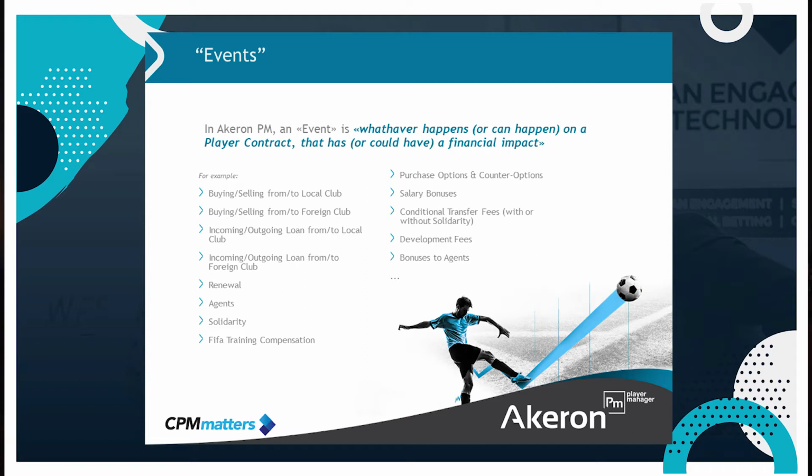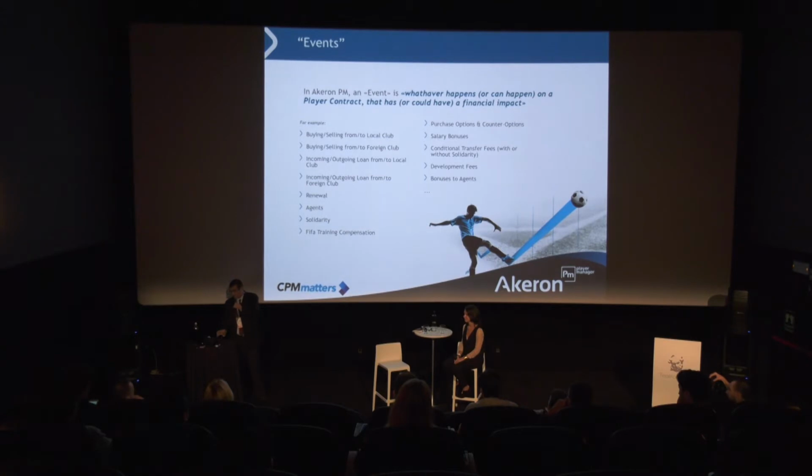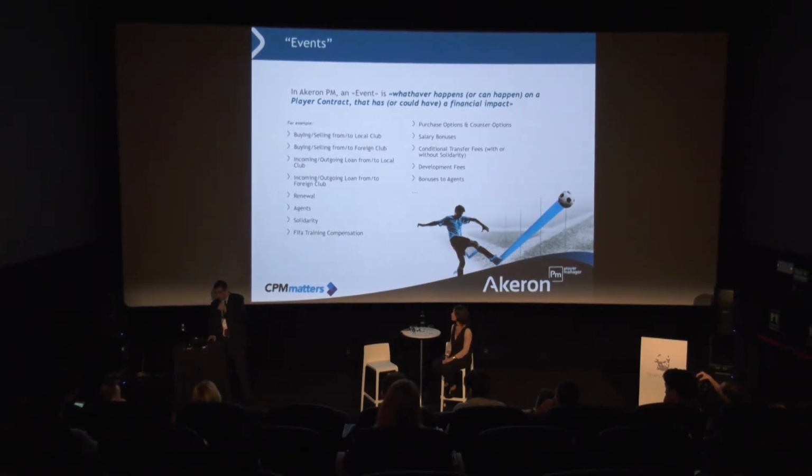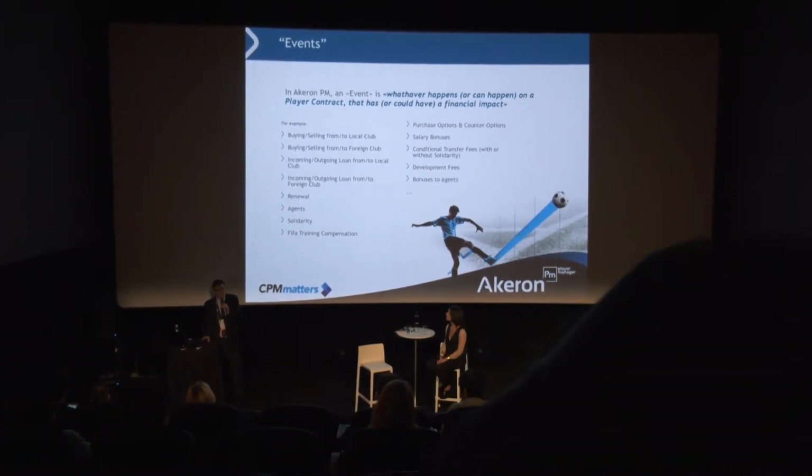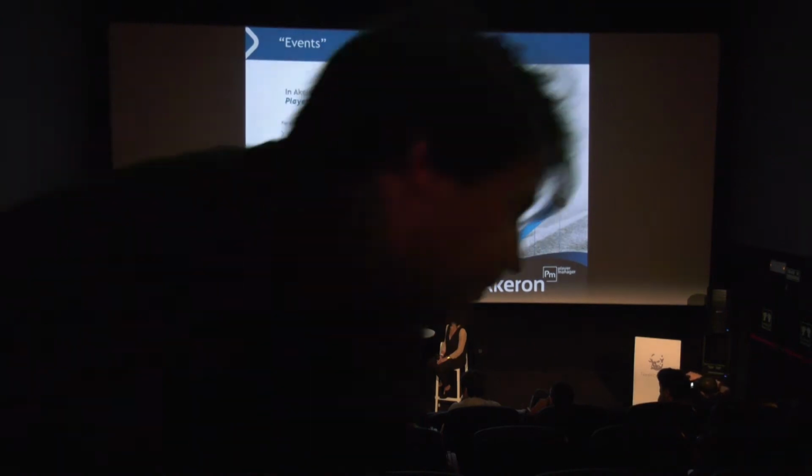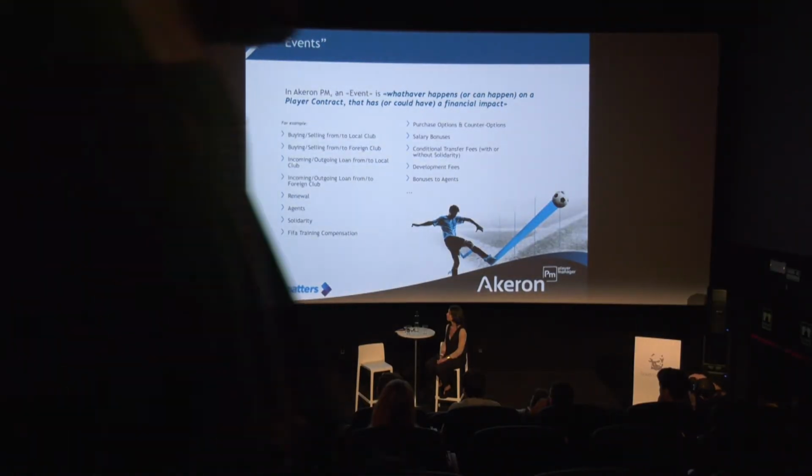As an example, here below are some events: buying, selling from a local club, buying, selling from a foreign club, incoming, outgoing loan, renewal, agents, solidarity, purchase options and counter options, salary bonuses, conditional transfer fees, development fees, bonuses to agents. So all aspects that have a financial impact.